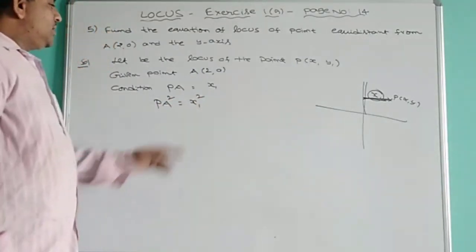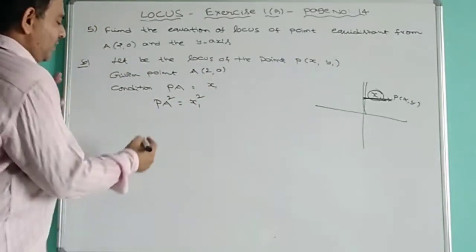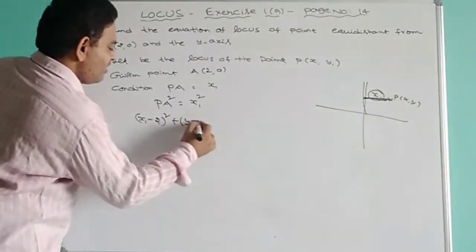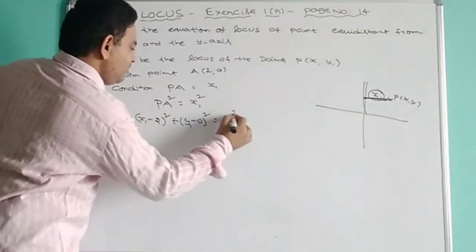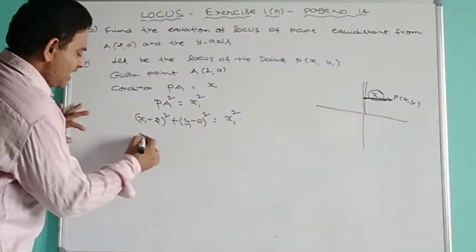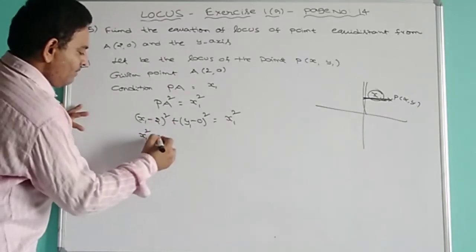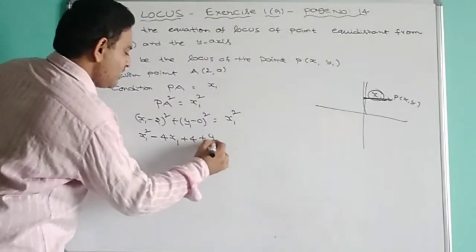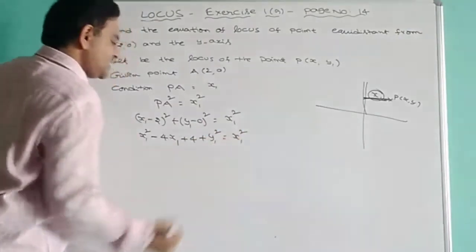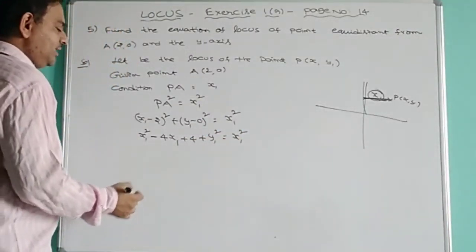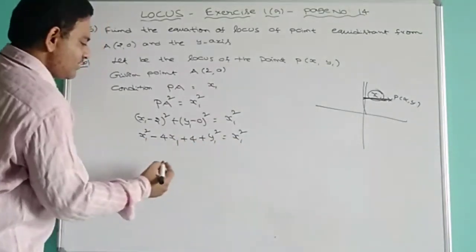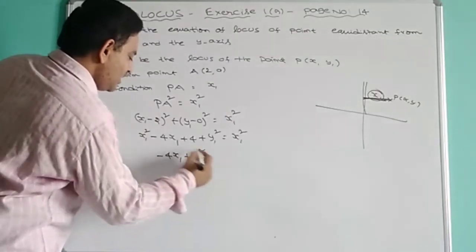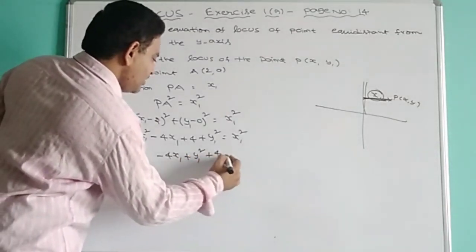Then applying the distance formula, (x1 minus 2) whole square plus (y1 minus 0) whole square equals x1 square. x1 square minus 4x1 plus 4 plus y1 square equals x1 square.